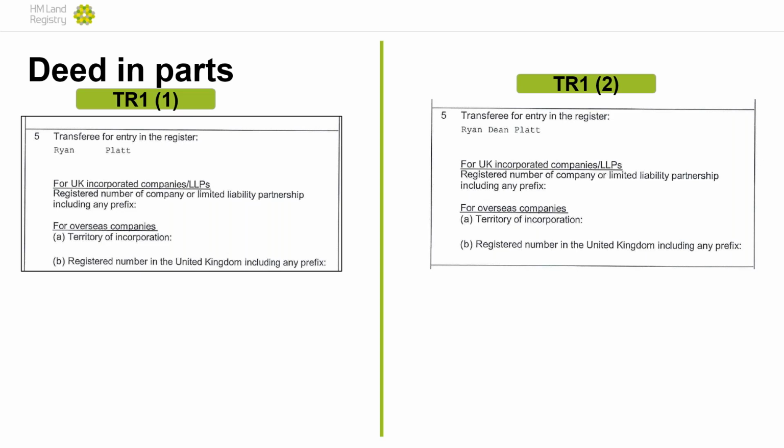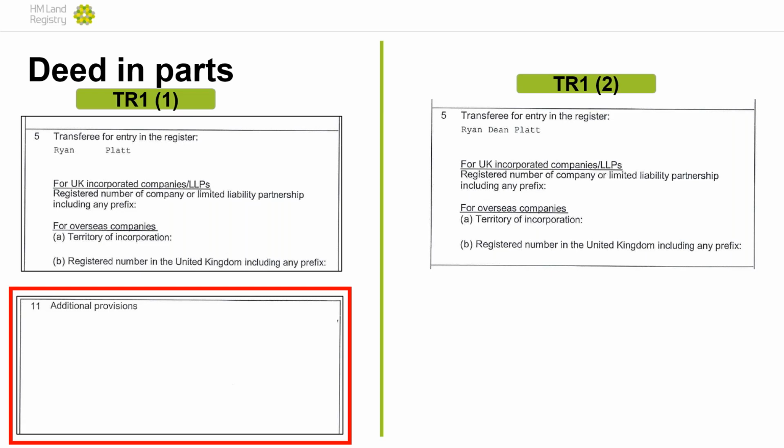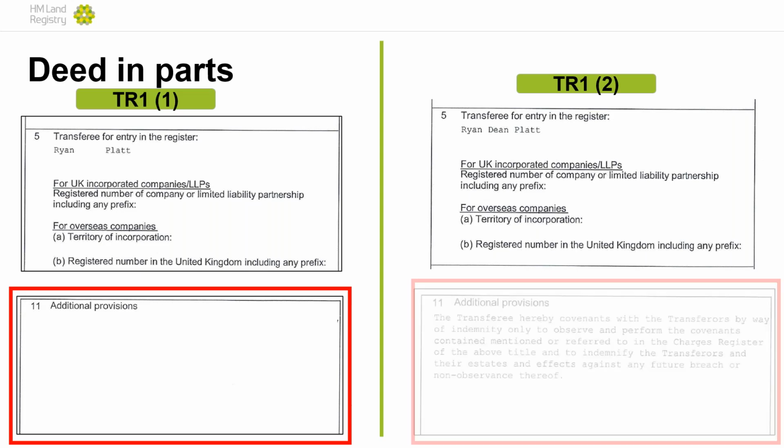In Panel 5 of the TR1 form in this example, Ryan Platt is named as transferee in the first copy, but in the second copy is named Ryan Dean Platt. We would need to confirm the correct name to ensure we are registering the transferee correctly. Also, Panel 11 of the first TR1 is blank, whereas the second copy has been completed.